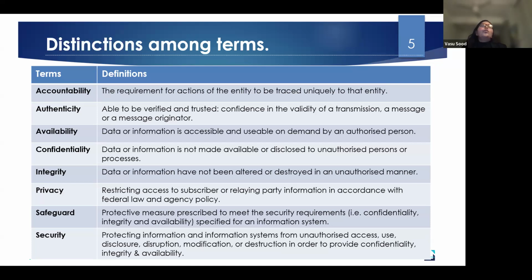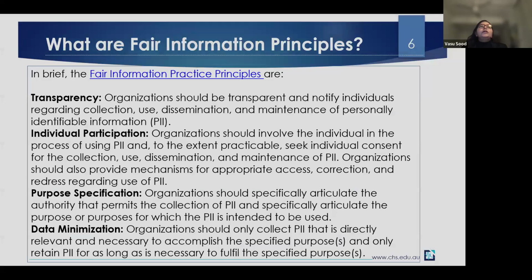So this is how we can implement privacy, confidentiality, and security in terms of patient health data. We have many frameworks which also guide us and provide guidelines about how patient data should be handled.